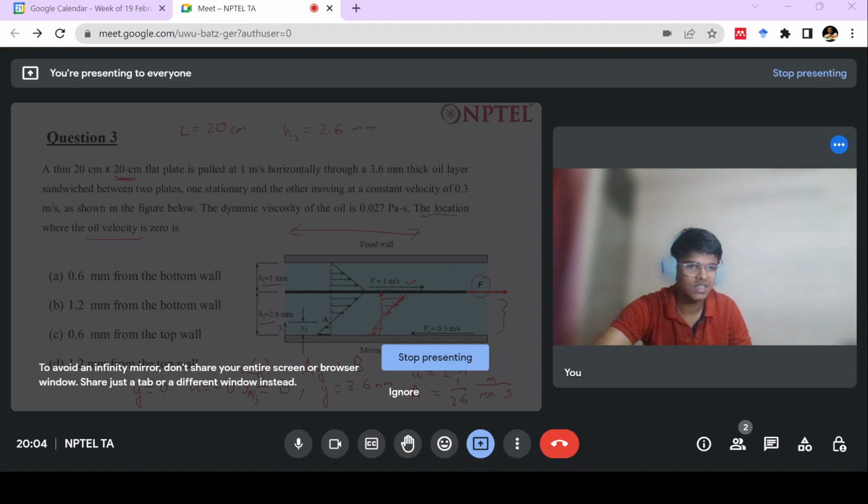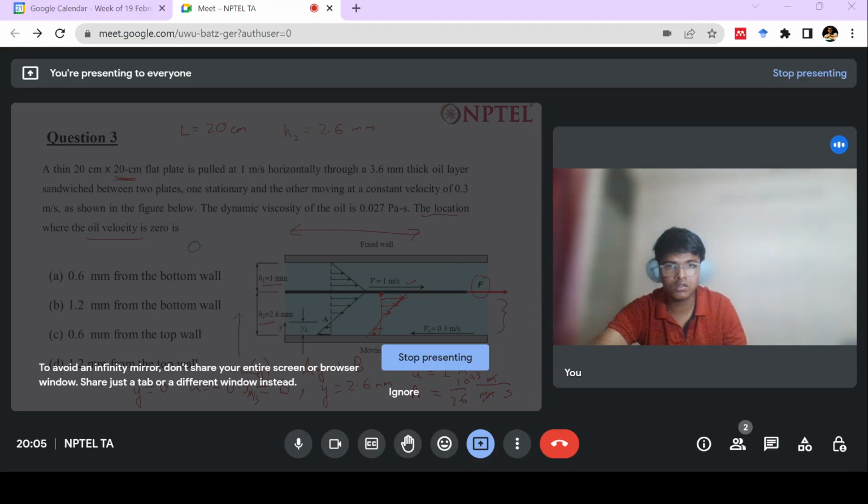You can cancel the meters, and there will be a 10 to the power 3 at the top, since millimeter brings a 10 to the minus 3 at the bottom. So we got a and we got b. Now what we have to do is put u equal to 0.